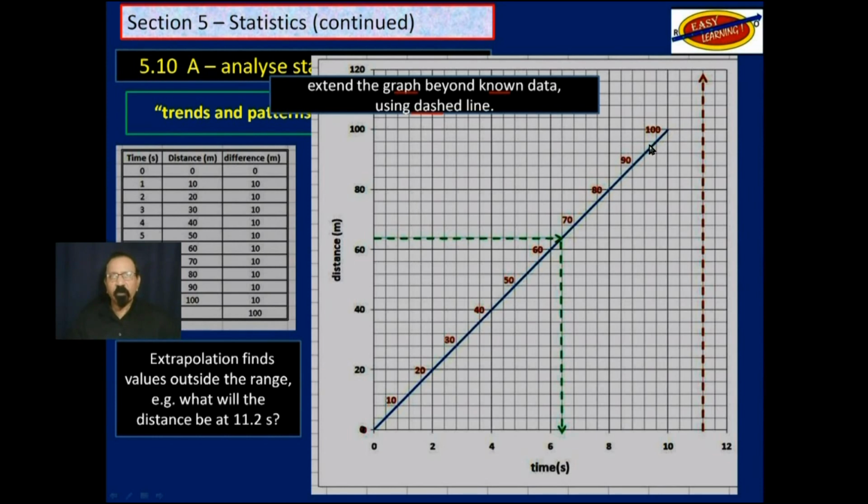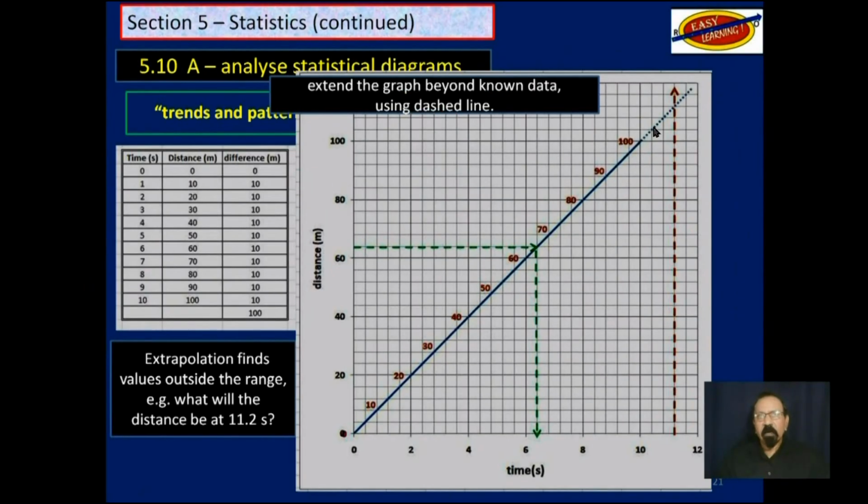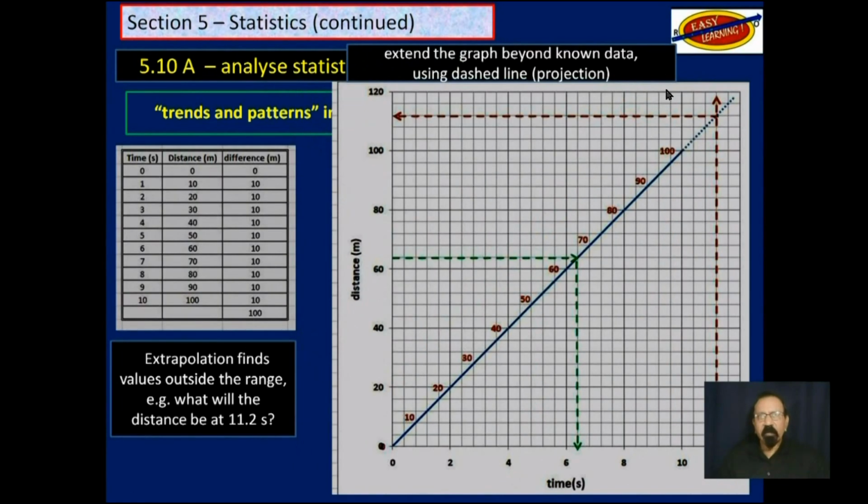In other words, if it's going straight up, we will draw that broken line going straight up. So it looks like this now that we have here. Now that we have that, we could draw a line coming across here, and we have our answer at this point, which is 112 meters. But that is outside the known data.